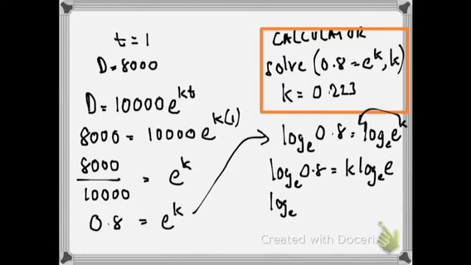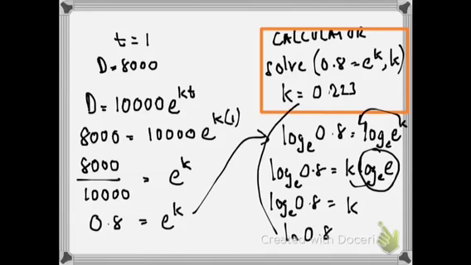Because log e to the base e is 1, I just get k times 1, which equals k. So there's my solution for k. Then I go to the calculator, which I have to do anyway, and I type ln 0.8, and you end up with the same answer.